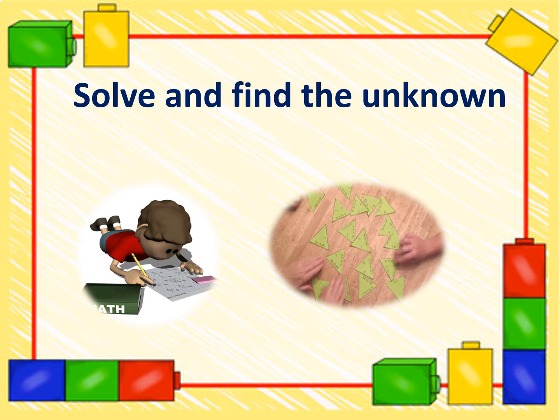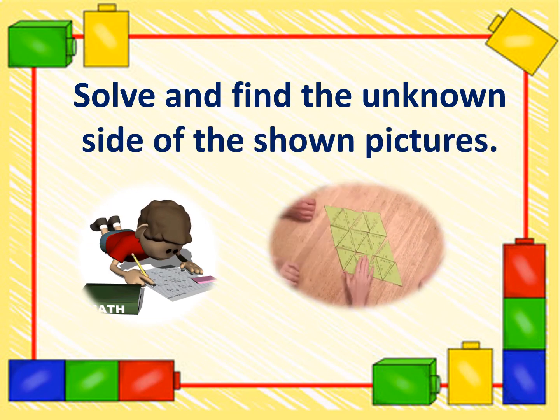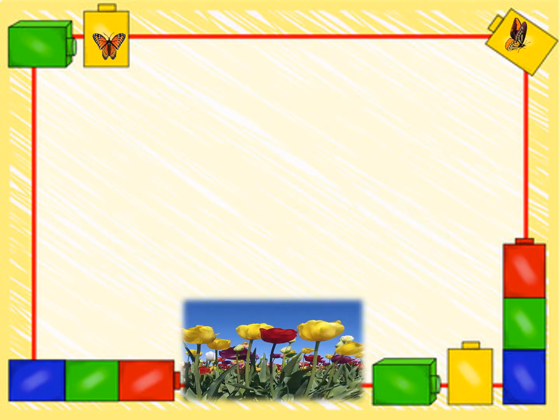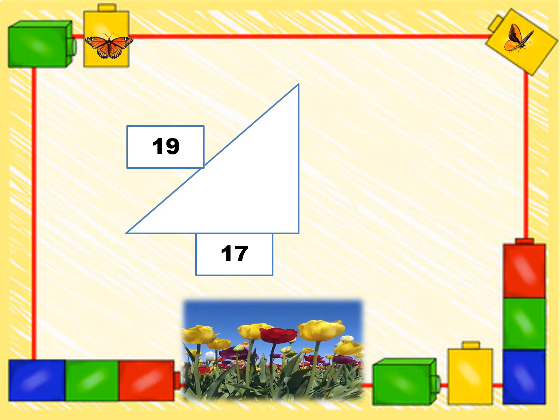Solve and find the unknown side of the shown pictures. Try to guess the following pictures presented. In this triangle, 17 is given as one of the legs, and 19 as the hypotenuse, since it is opposite the 90-degree angle.